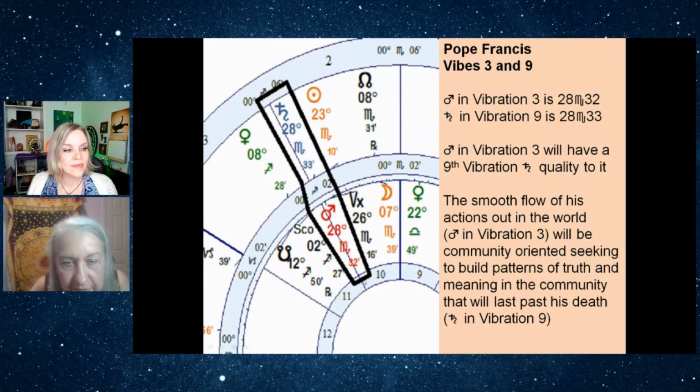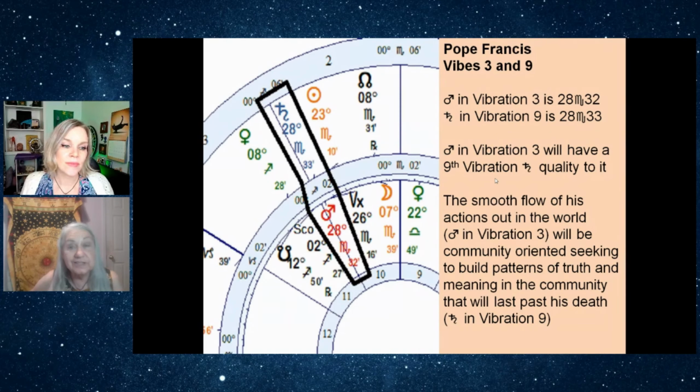His Mars in the 3rd vibration is at 28 of Scorpio 32. His Saturn in the 9th vibration is at 28 of Scorpio 33. So his Mars in the third vibration has a Saturnian energy, a ninth vibration Saturnian energy. Right. That can go both ways, right? Okay, so that's interesting.